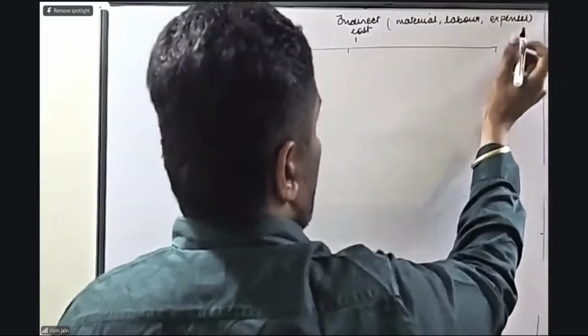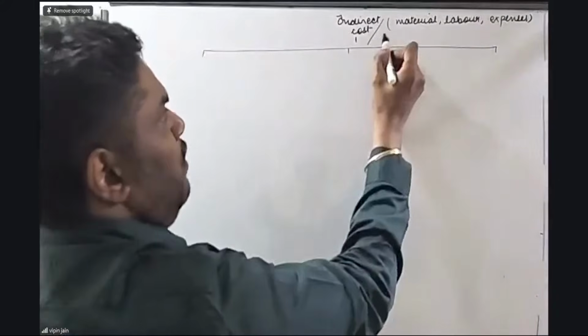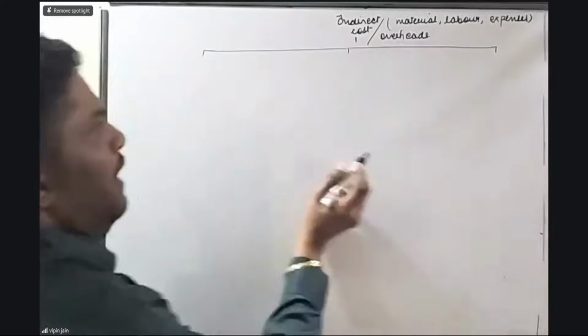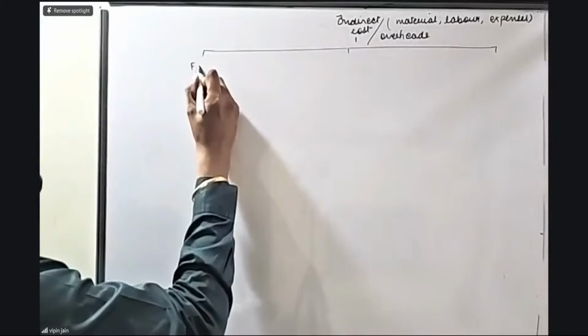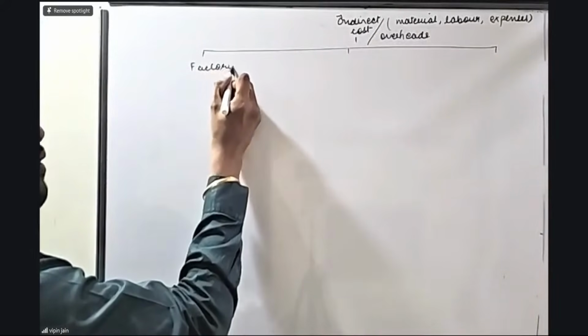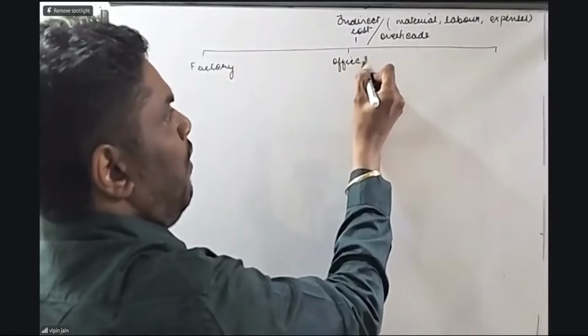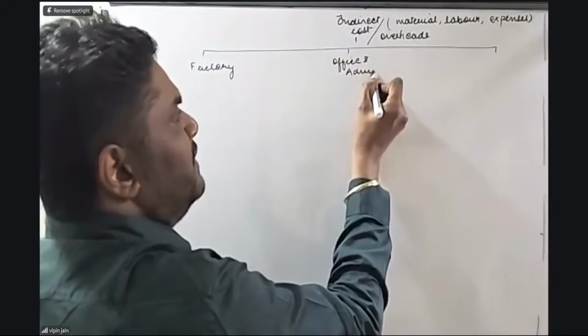Indirect cost, or we can call it overheads also, are incurred at three stages: factory, office and administration, and selling and distribution.